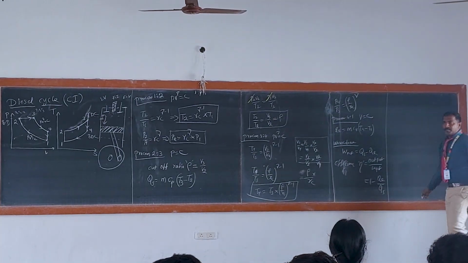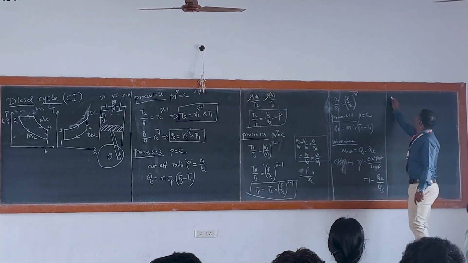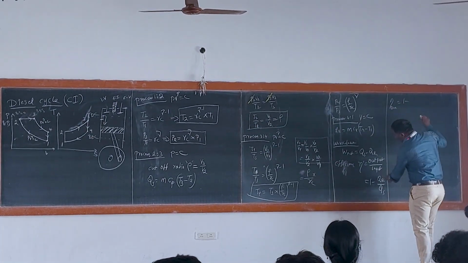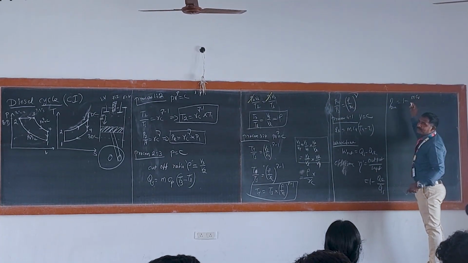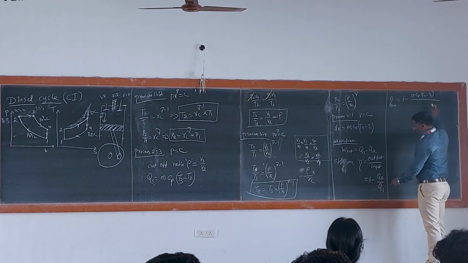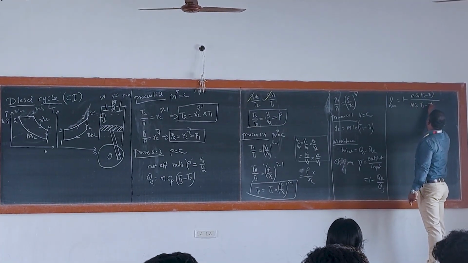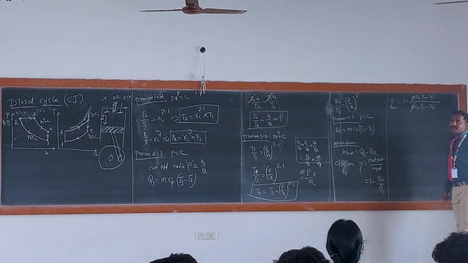We have to find it in terms of compression ratio, as we did last class. So efficiency of the diesel cycle is 1 minus, what is the QR formula? m Cv (T4 minus T1). And the QS formula? m Cp (T3 minus T2). The m cancels, but Cv and Cp remain.